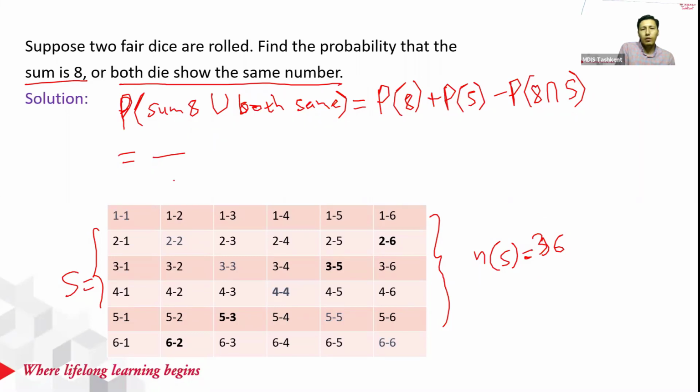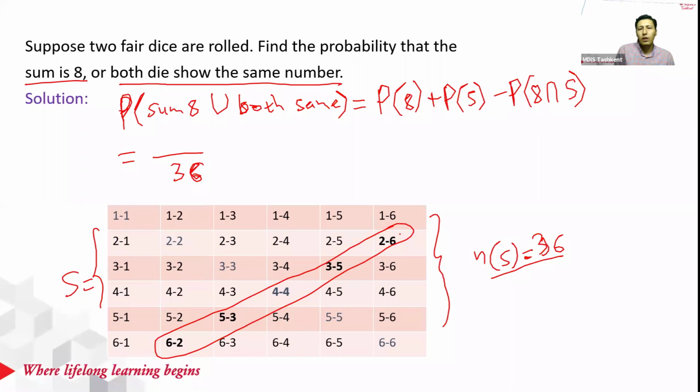The denominator will be 36 because there are 36 possibilities. Sum 8: 6 2, 5 3, 4 4, 3 5, and 2 6. If you add them, you get 8.